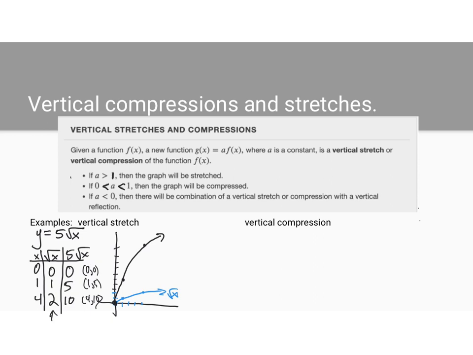And a vertical compression, an example of that would be like 1/4 square root of x. And I can do it with a table. So I start out the same way for both of these, 0, 1, 4, 0, 1, 2, and then 1/4 of that would be 0, 1/4, and then 2/4, which is 1/2.